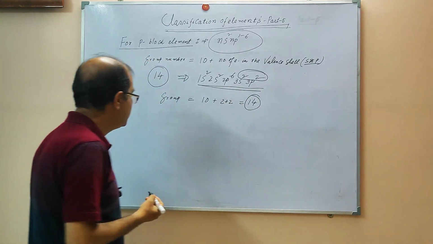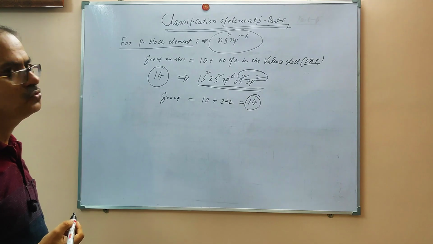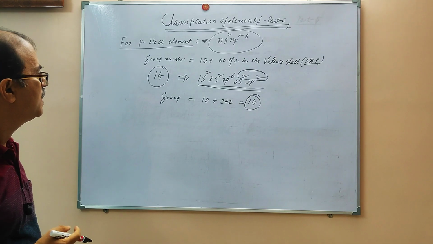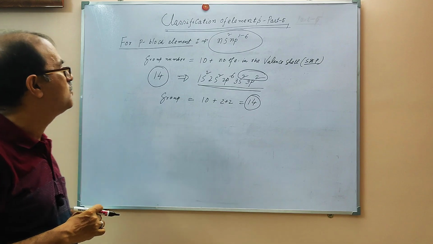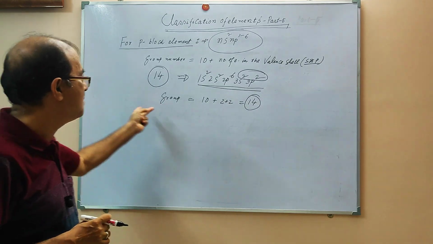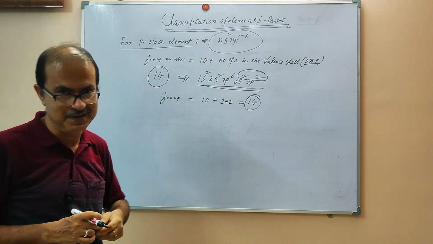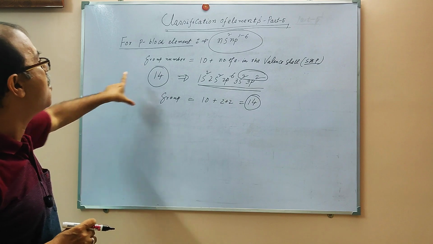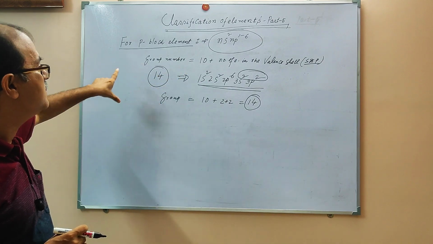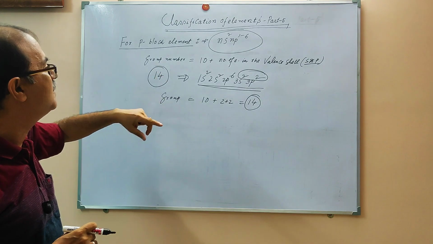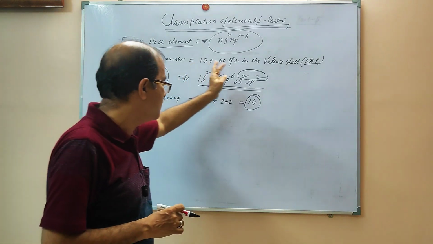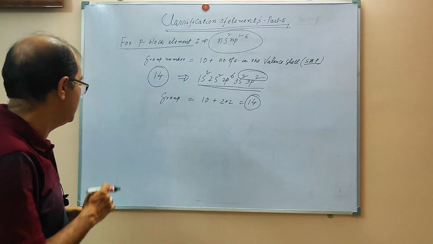Group number 14 and its atomic number is also 14. How is that possible? It is possible because coincidentally its atomic number and its group number are the same. So this is how we find the group number for the p block element: 10 plus the number of electrons in the valence shell.